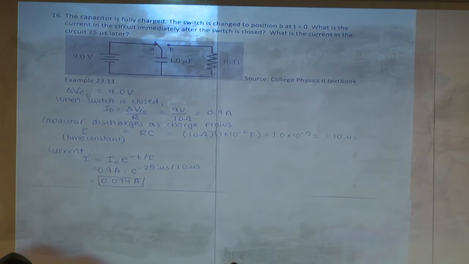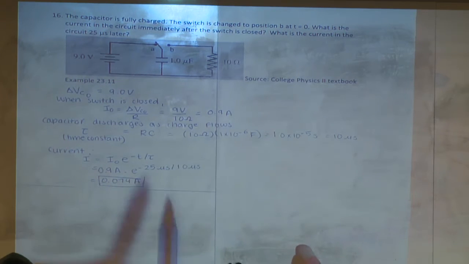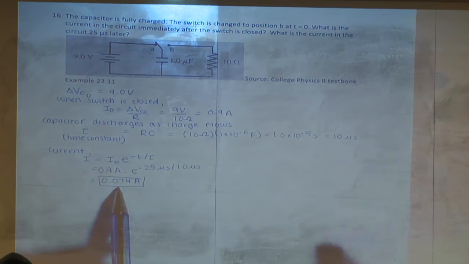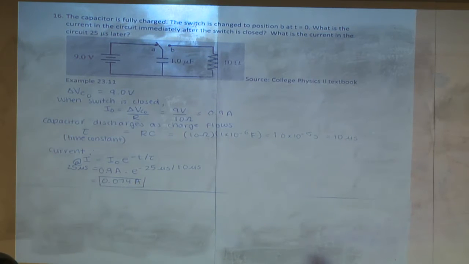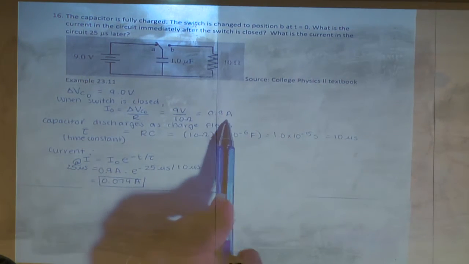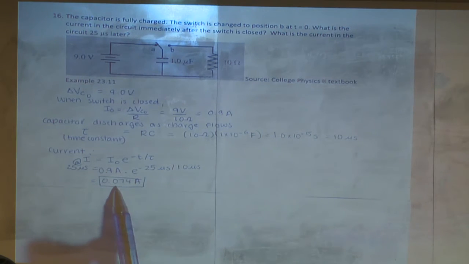And that's the current in the circuit after 25 microseconds. So our initial current is 0.9 amps, and our current at 25 microseconds would be 0.074 amps, which makes sense because we start off with 0.9 amps, and as time passes, it's decreasing, right?